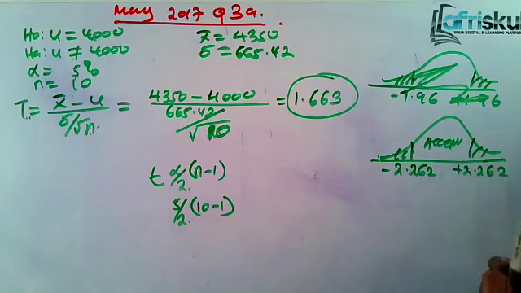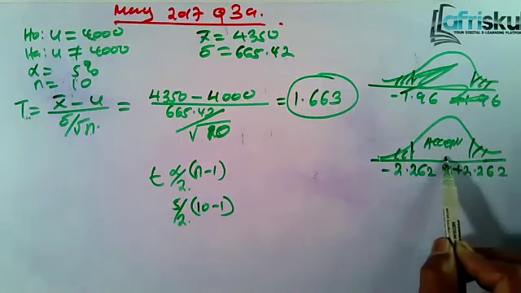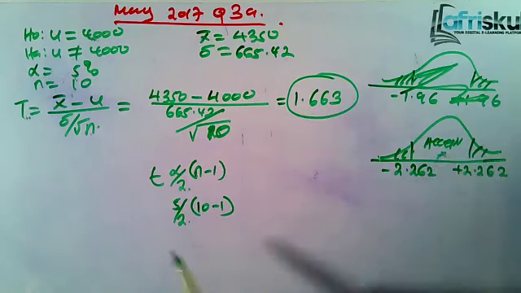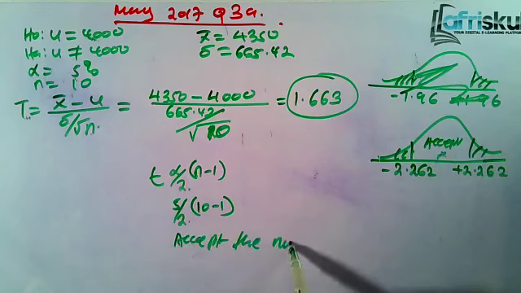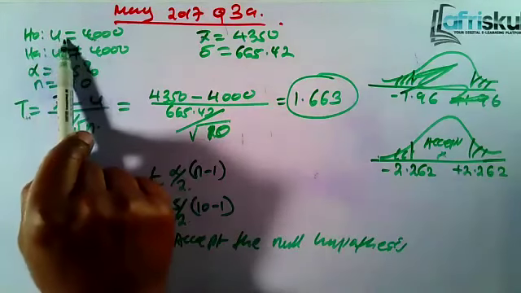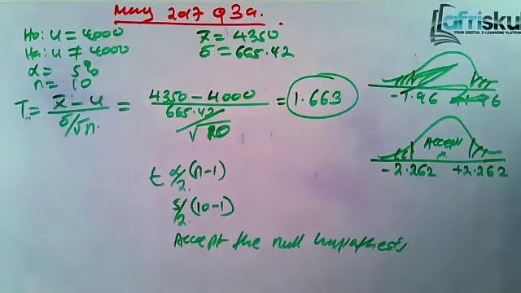Should we accept or reject? 1.66 is inside the region, it's positive, approximately there. So we should accept the null hypothesis. The null hypothesis means that the mean of the known population is equal to 4,000.